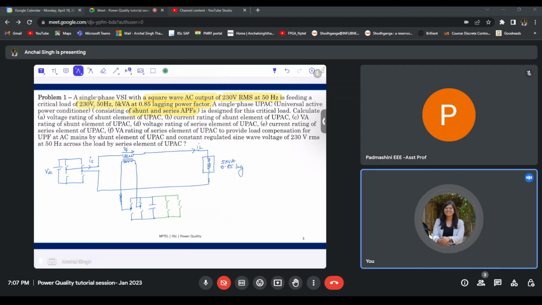Okay, and this shunt will be connected in shunt to our system. Let us say this is my interface filter. Then one will be connected here, and another will be connected at this point, right?